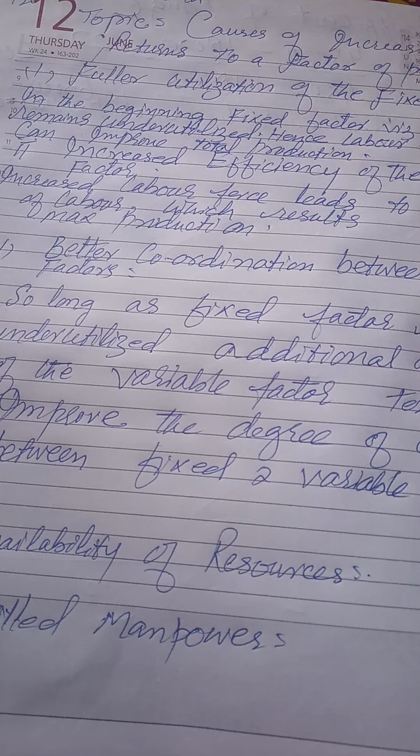So far as the first cause is concerned, it is fuller utilization of the fixed factor. As we know, a fixed factor is, for example, machinery. When we install a factory, when we start to establish a firm, land is already there. We make use of capital, that is machinery.